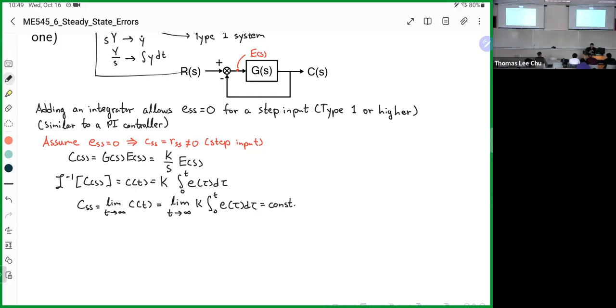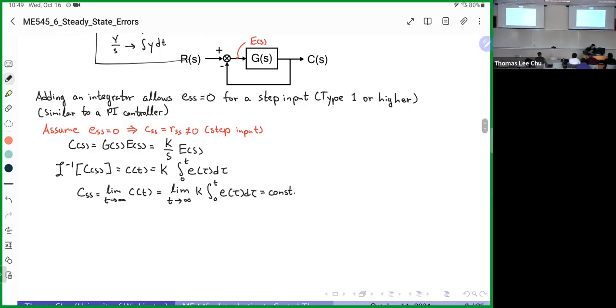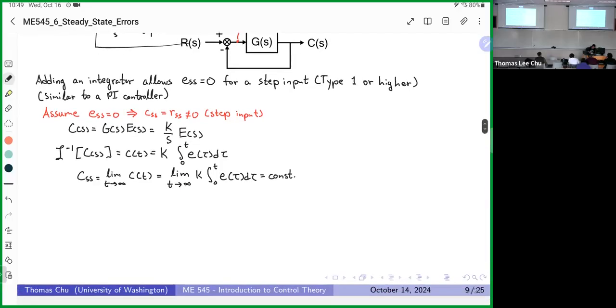So adding an integrator allows the area under the error curve to be some finite value, and this makes C of t a constant. And this is not a contradiction.